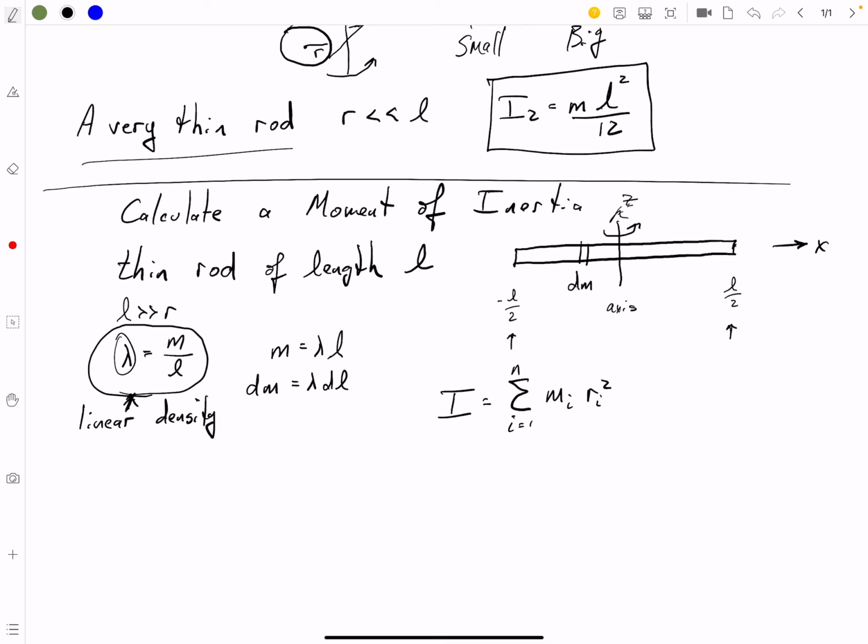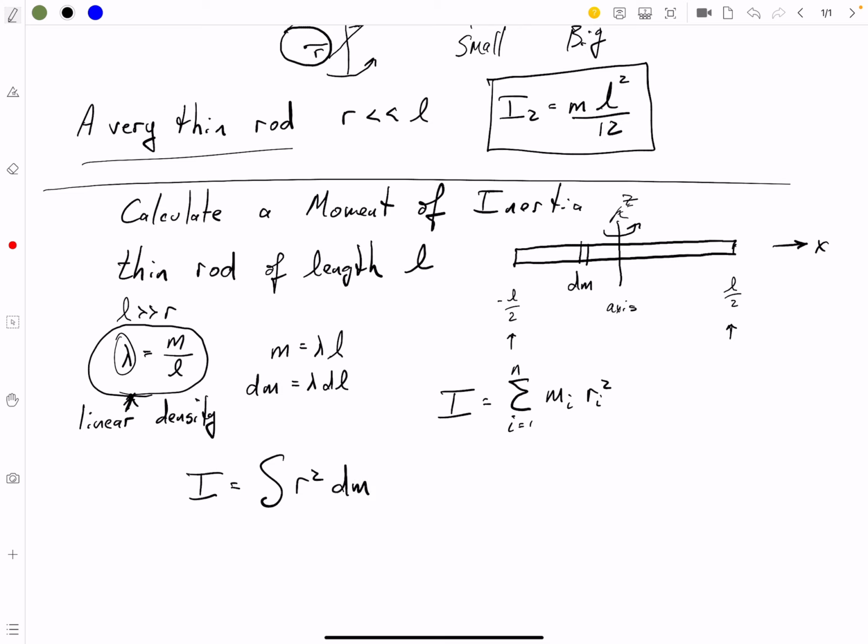Well, we're going to do that same thing, but instead of a sum, we've broken it down into the dm of the whole situation. So what does that mean? That means at every step of the way, our r is going to change. So I is going to equal the integral of r squared dm.